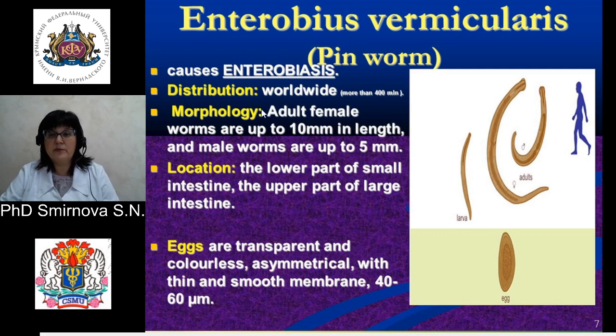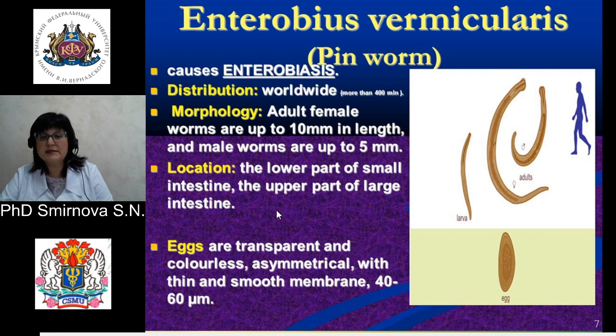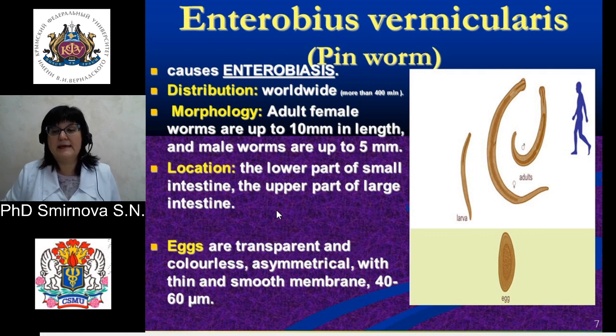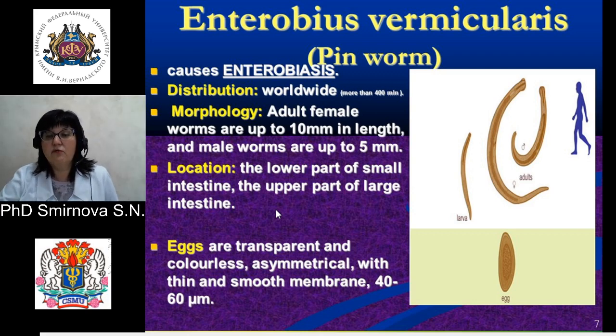Morphology: the adult female worm is near 10 mm in length and the male up to 5 mm. They are located in the lower part of the small intestine or the upper part of the large intestine. Eggs have specific morphology: transparent and colorless, asymmetric, with a size of 40 to 60 μm.